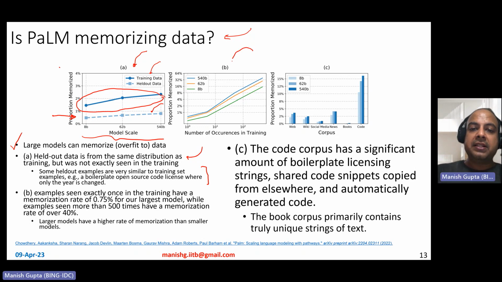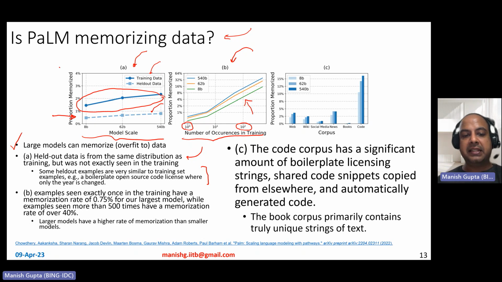In the second experiment, they checked for strings which co-occur a lot in the entire training data, and then checked how many times the PaLM model can memorize them. They varied from a string seen just once in the data to an example seen like 100 times in the training data, and of course they also scale with respect to model size.